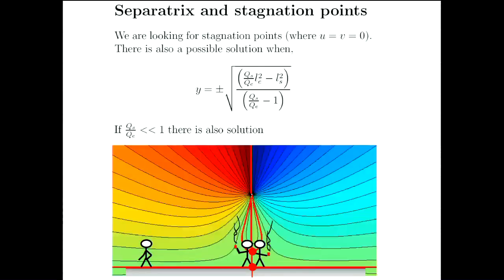Now, the other solution is when the source is much smaller than the sink, and now your stagnation points are here and below in imaginary as well. So you can see that in this case your exhaust or your sink is very strong, and immediately whatever smoke is emitted by this source here gets trapped inside, and it's pulling all the ambient air inside as well, into the sink.